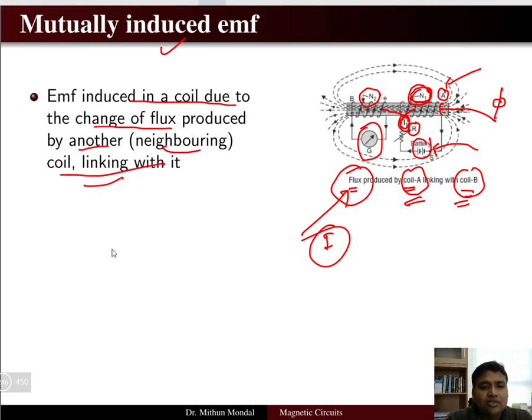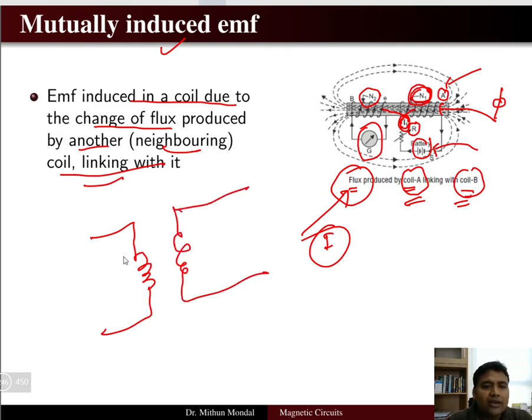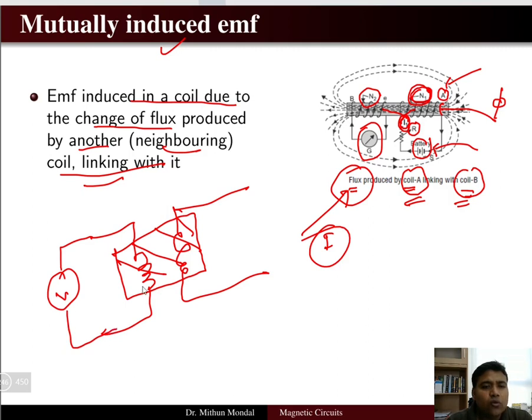linking with it. So there are two coils, coil 1 and coil 2, and both coil 1 and coil 2 are basically linked with the same magnetic circuit, or the core we can say. Then if you are connecting a source of EMF to coil 1, so this is coil 1, then what will happen?